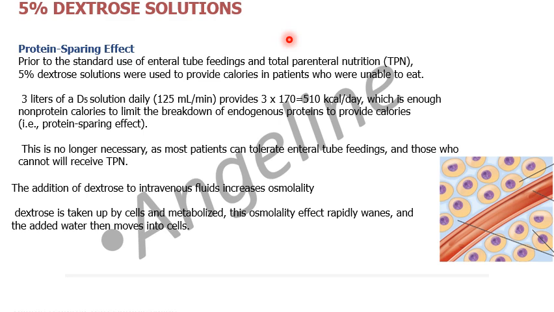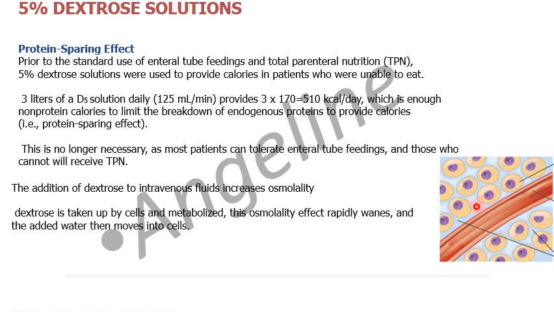But now you have TPN, you have enteral feeding, you can give that calorie through those feeds instead of using dextrose, because dextrose also will move to the interstitial space. Now when it moves there, it will go into the cell and get metabolized and also take the water in. So you will have cell swelling, which may not be homeostatic.